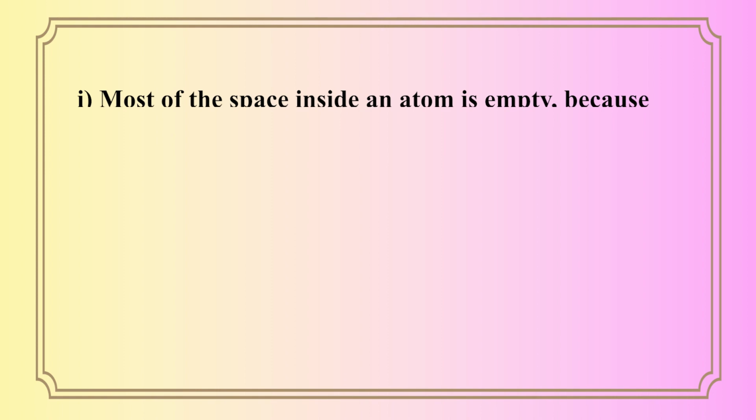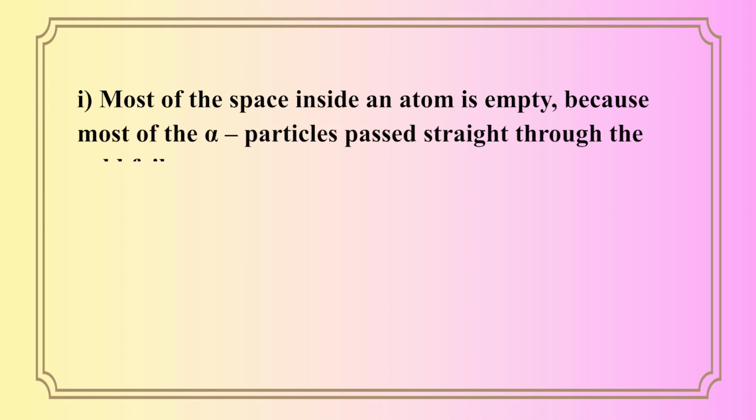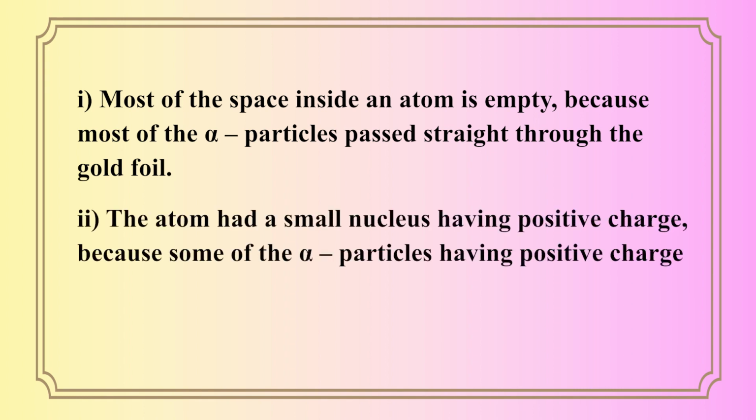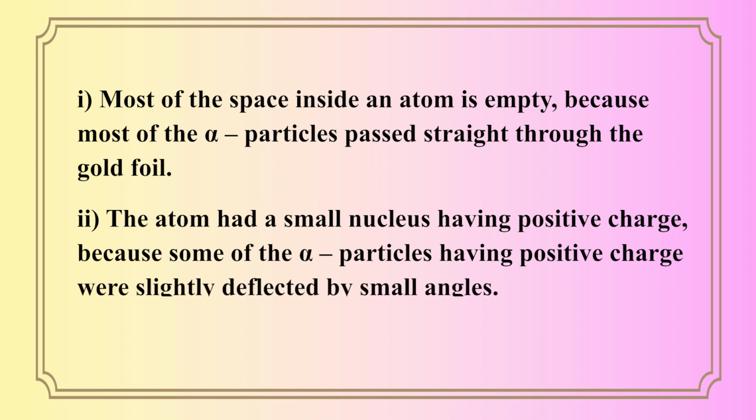So, dear students, Rutherford concluded that number 1, most of the space inside an atom is empty because most of the alpha particles passed straight through the gold foil. Number 2, the atom had a small nucleus having positive charge because some of the alpha particles having positive charge were slightly deflected by small angles.